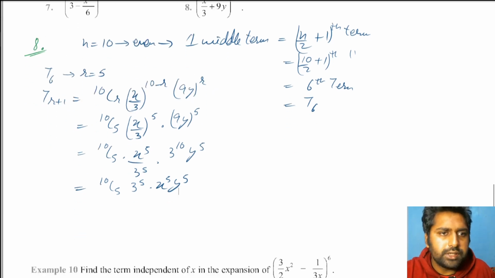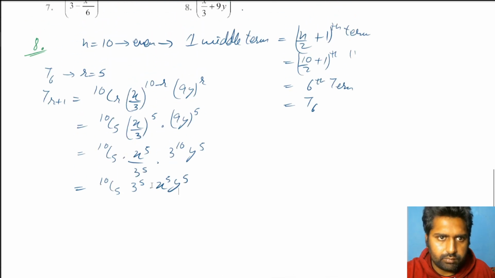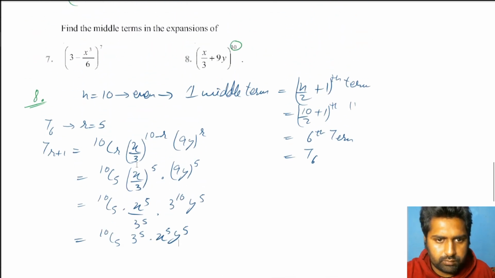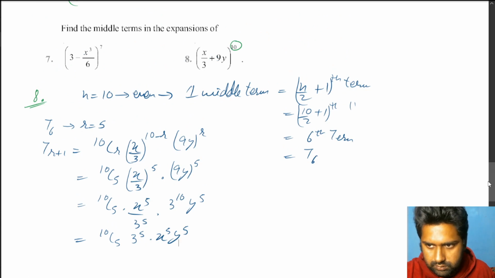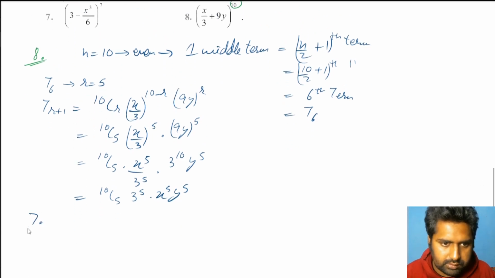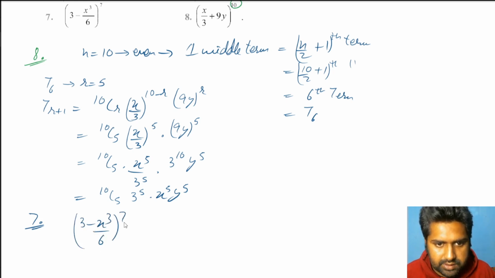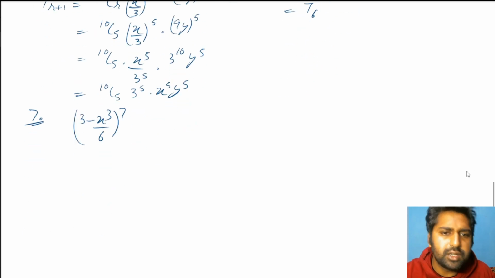Let's now do the one for the odd case also. Seventh: (3 − x^3/6) complete raised to power 7. You have to find the middle term.